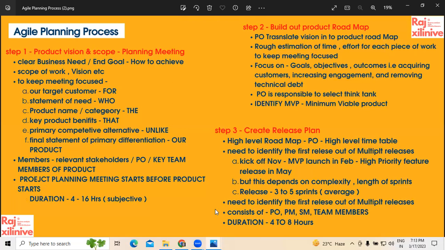Some real examples will be taken, and I will explain these things one by one in the coming sessions, because our focus must be more on agile project management. Of course, not only traditional project management, but also agile planning. There are other steps, not only on these slides, and other processes which I'm going to explain in tomorrow's session.